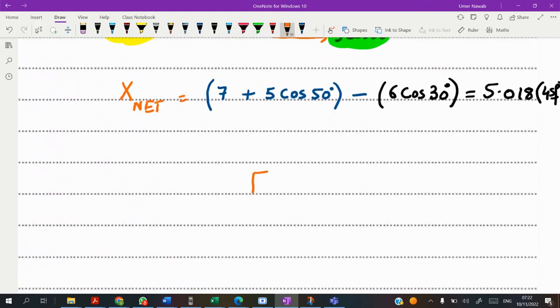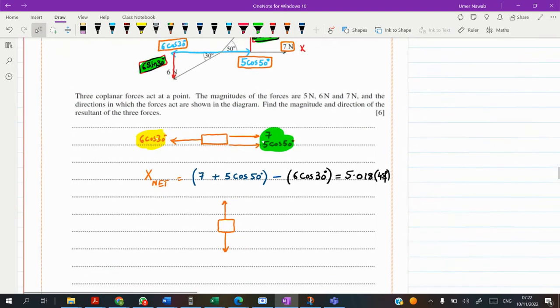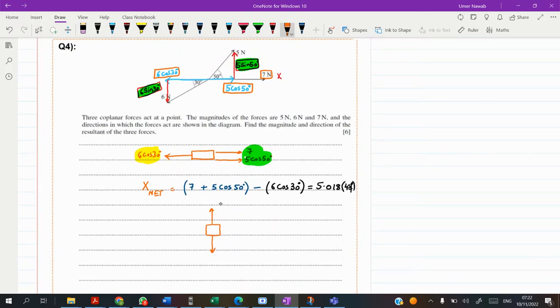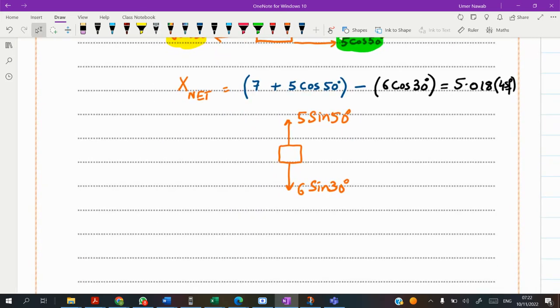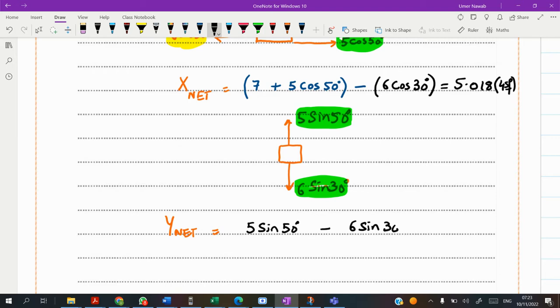Let me explain: if there is a body, one force is acting upward and one force downward. The upward one is 5 sine 50 and this is 6 sine 30. To get the y net, the net effect vertically, we always do upward force minus downward force. So 5 sine 50 minus 6 sine 30.